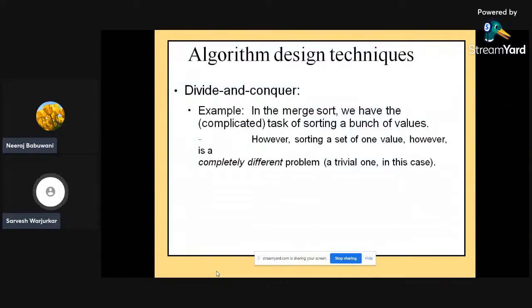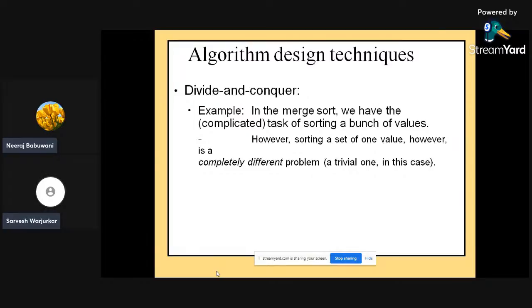We break the whole list into two parts of 4 elements each. Those 4 and 4 elements are again divided into two different parts. Those parts are further divided into two sub problems, which are again divided into single elements.